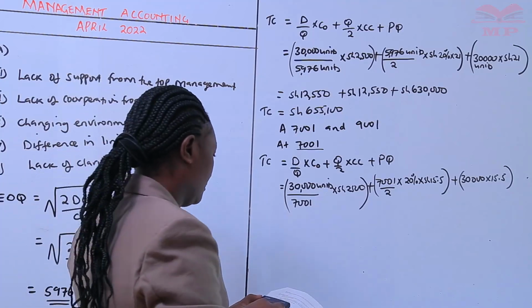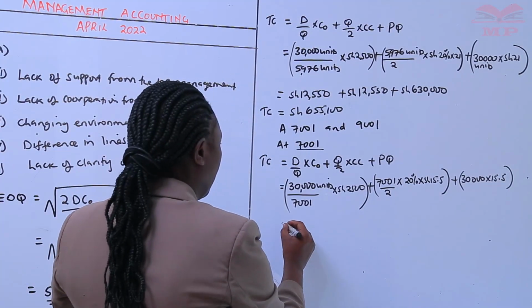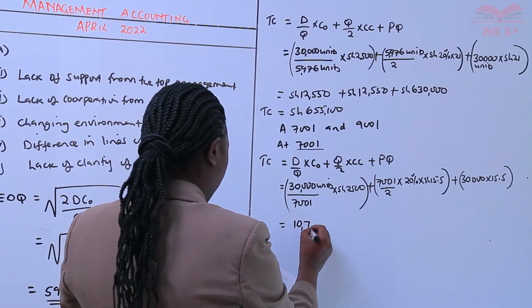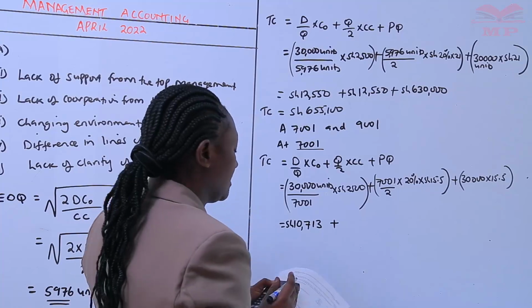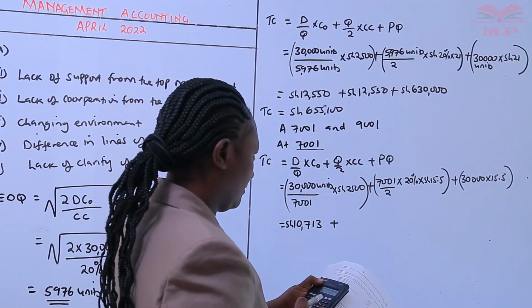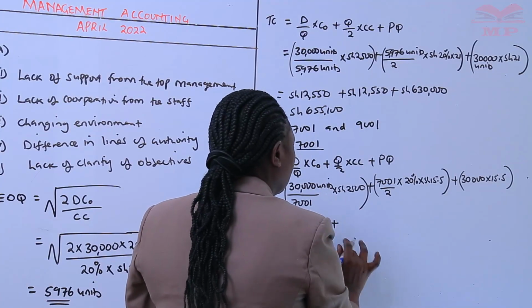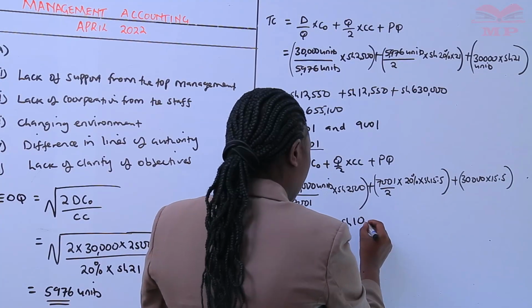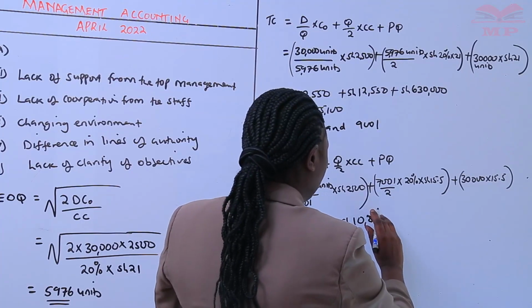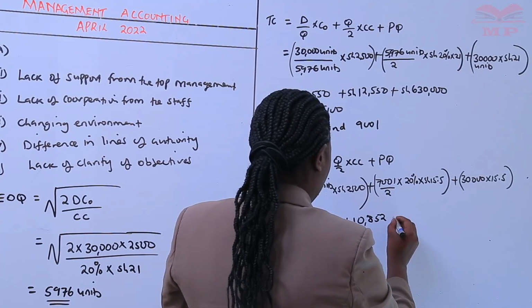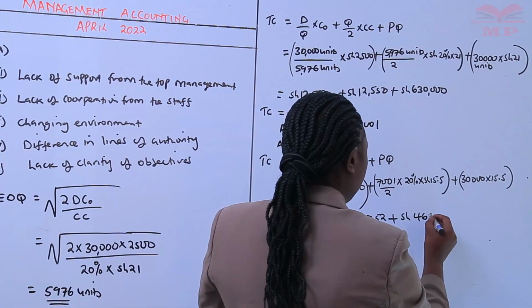Then you calculate. We have 10,713 plus, these are shillings, plus. So this will give us 10,852 plus 465,000.